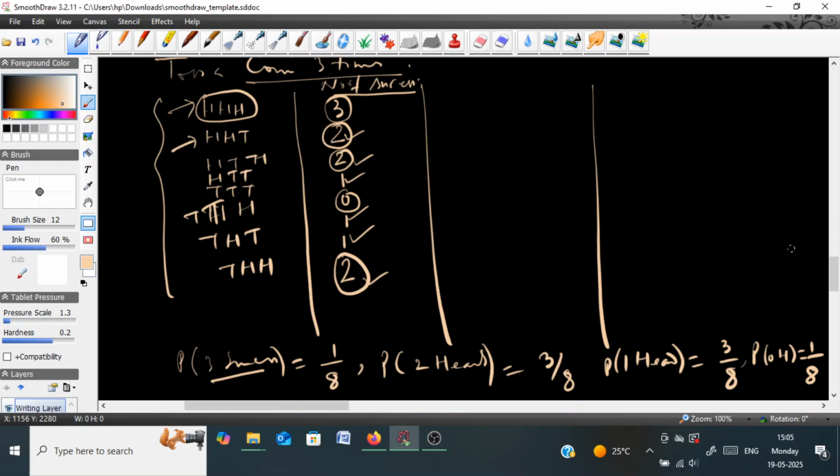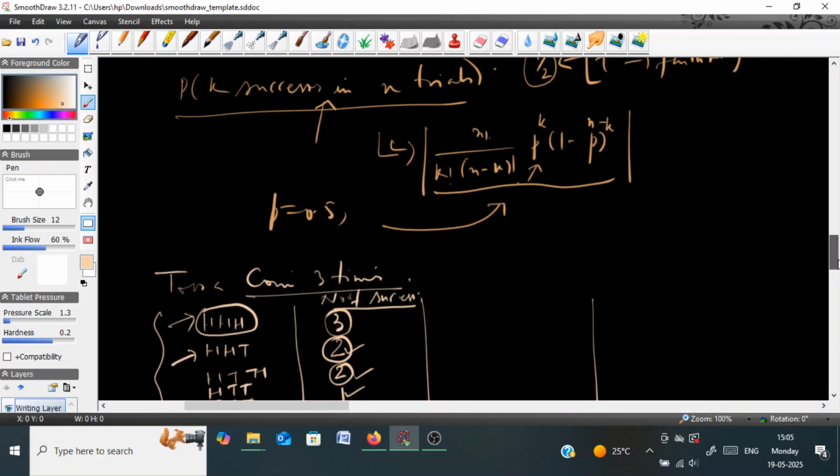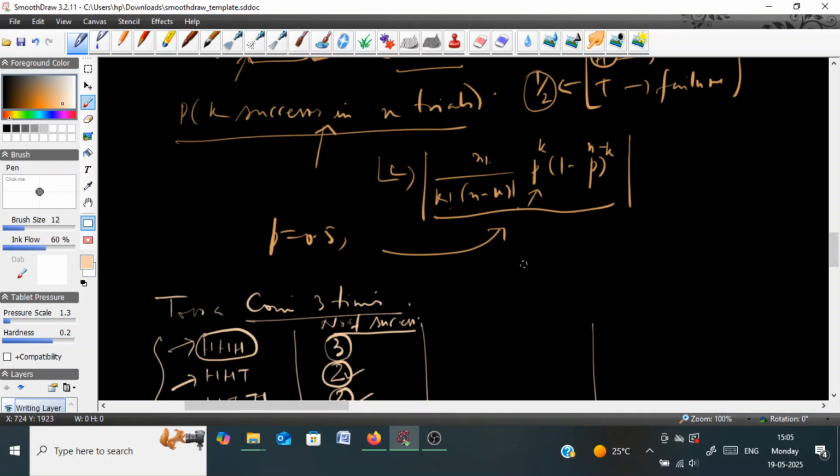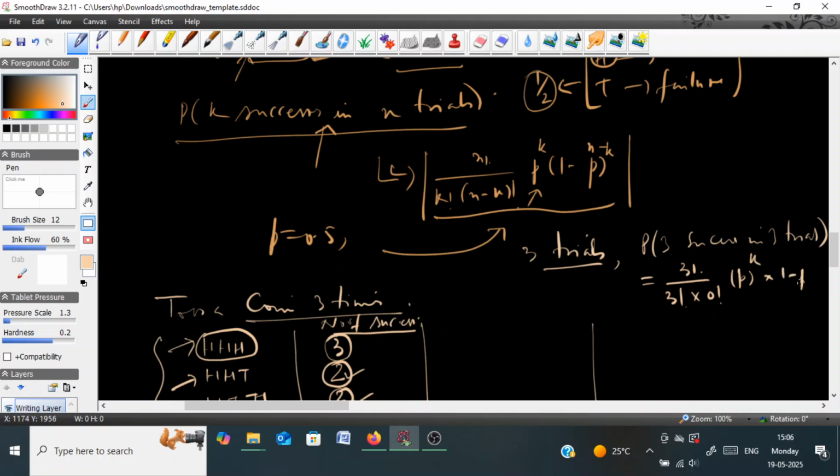If I compare this with this equation, the probability of getting, suppose, k successes in n trials, and I have performed 3 trials, and out of 3 trials if I want to get 3 successes, so probability of 3 successes in 3 trials, k is 3, n is 3, you get it as n factorial, that is 3 factorial divided by 3 factorial into 0 factorial, which is 1, into p to the power k, 3, into 1 minus p to the power 0, and in this case the probability is 1 by 2.